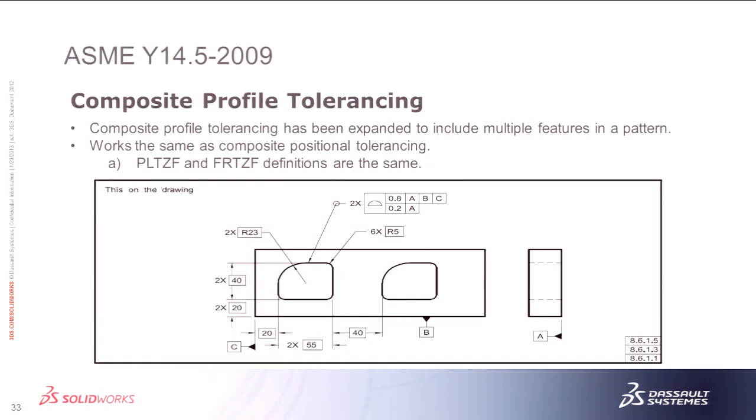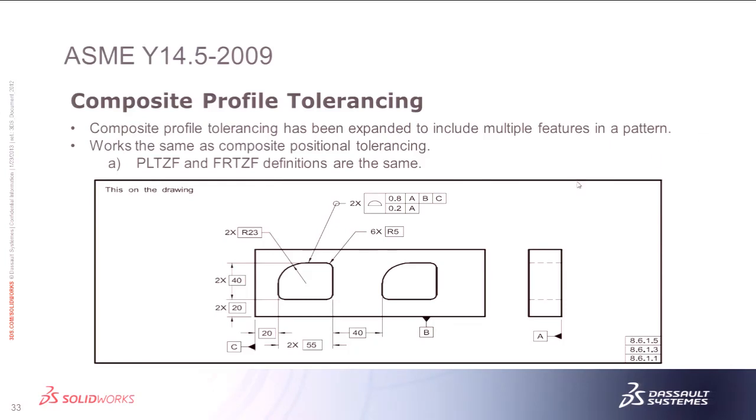All right, so this goes back to the expansion of profile tolerancing within 2009, and one of the things they added is you can do a composite profile tolerance for a pattern of irregular shapes. It functions pretty much the same as composite tolerancing on true position callouts.